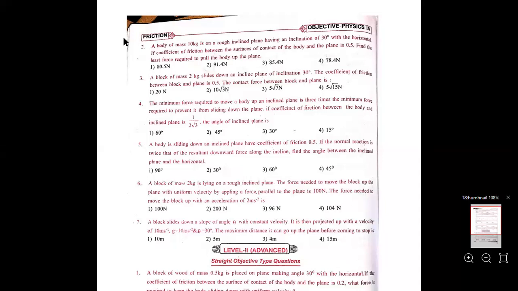The minimum force required to move the body up the inclined plane is 3 times the minimum force required to prevent it from slipping down. The coefficient of friction between the body and the inclined plane is mu equal to 1 by 2 root 3. Then the angle of inclined plane is dash.